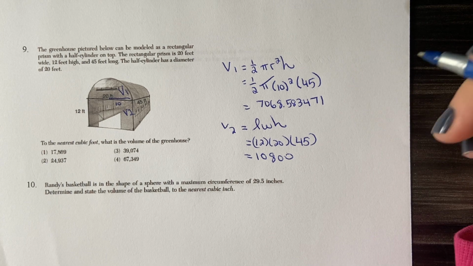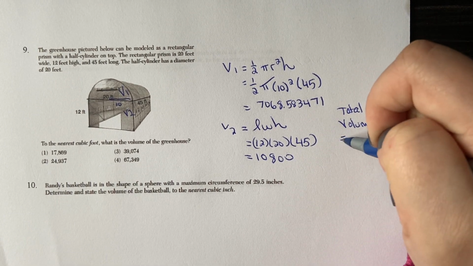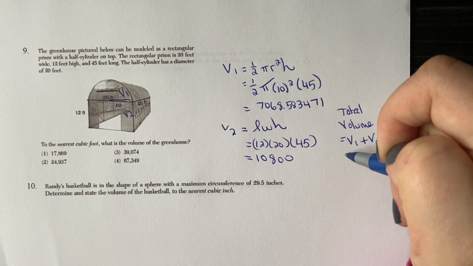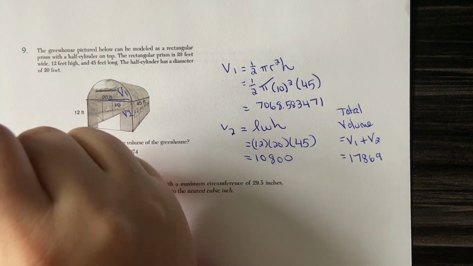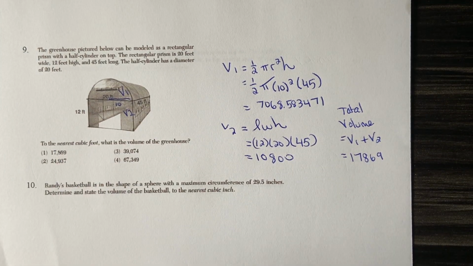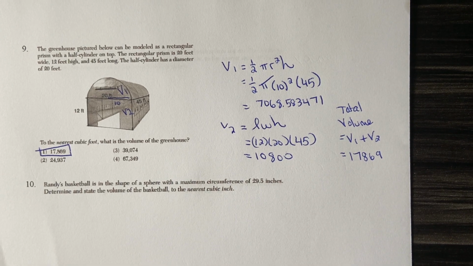So your total volume is V1 plus V2, and you get 17,869, which is choice 1 to the nearest cubic foot.